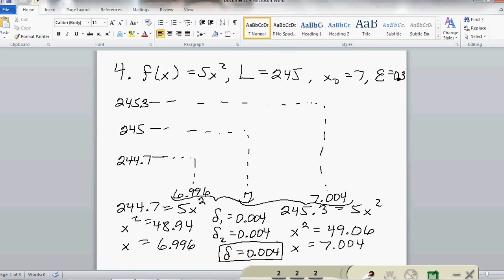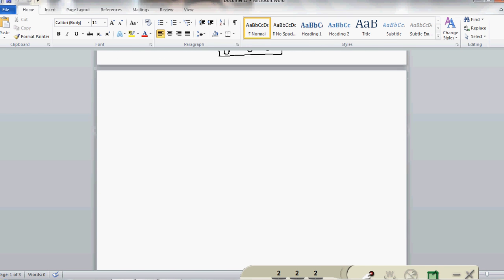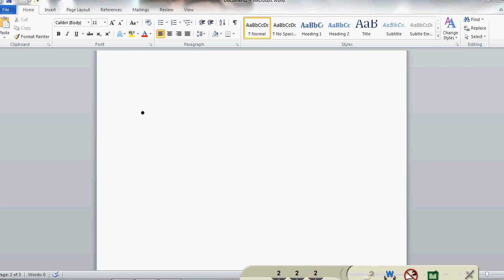Example number 5. Let's see what sort of fun we can have here. We're supposed to find the limit given all the information, then find the number delta such that the definition applies. Basically, the definition applies is a way to say that whole mess that I gave you at the beginning of the first video.